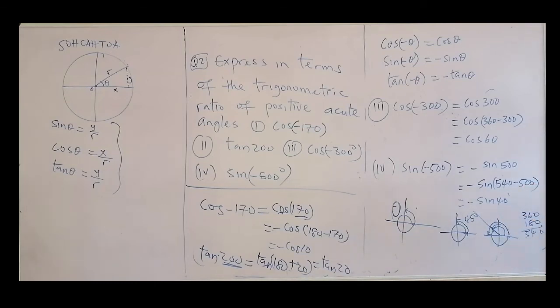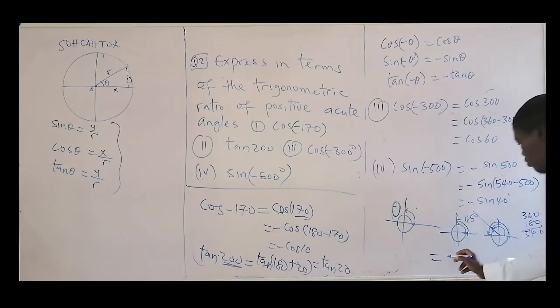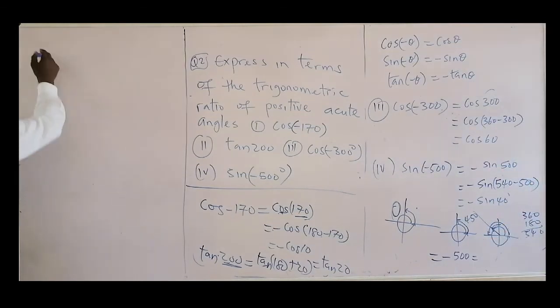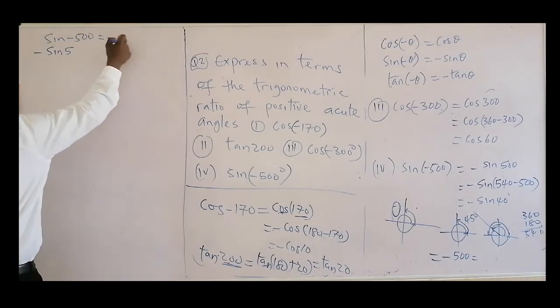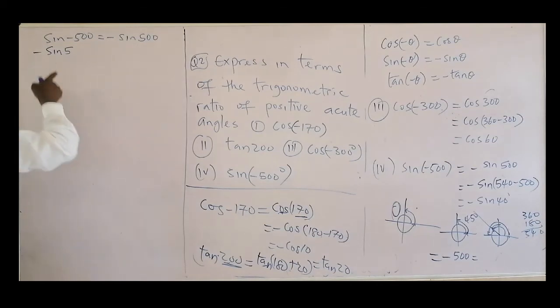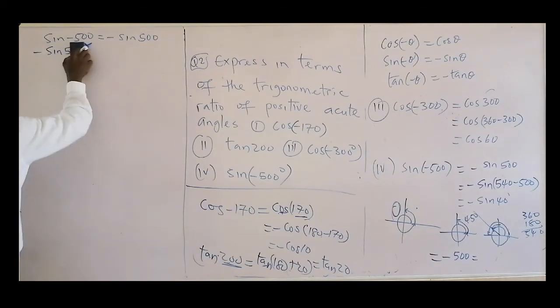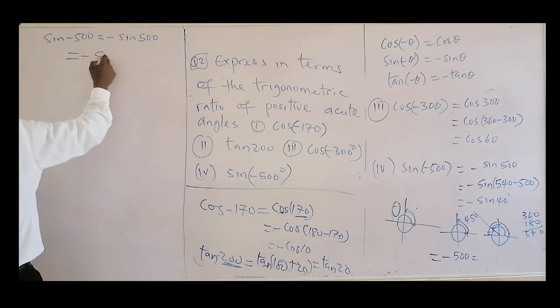If you don't want to do it that way, you can do it another way. Where you have sine minus 500, that is equal to minus sine 500. So with that we now have minus sine.